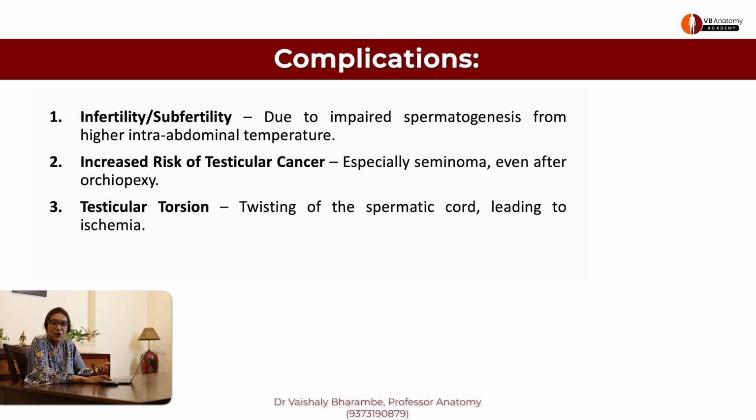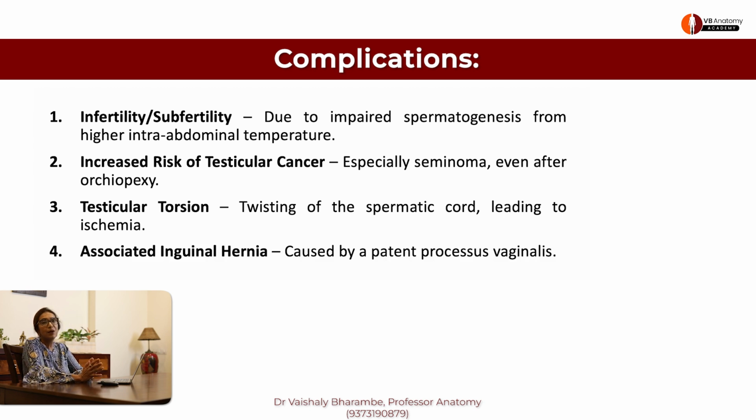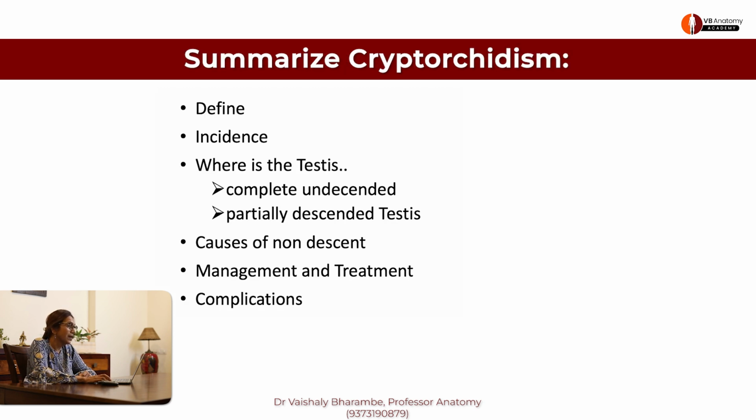The malpositioned testes have more chances of undergoing testicular torsion and associated inguinal hernia because it's associated with non-obliteration of processus vaginalis. So these are all complications. Now this image here summarizes how you will write a note on cryptorchidism. Please pause the video here and write down these points.